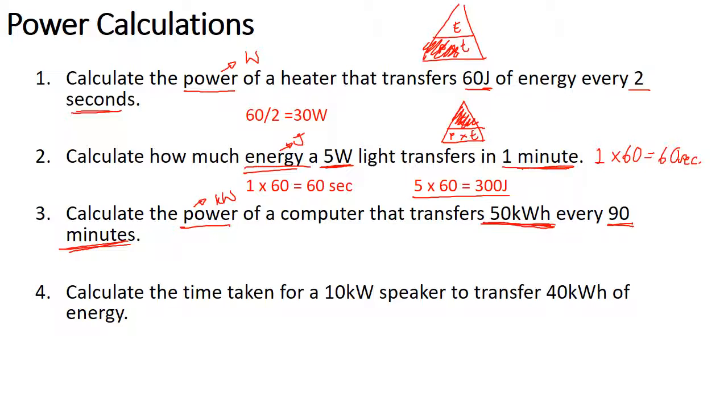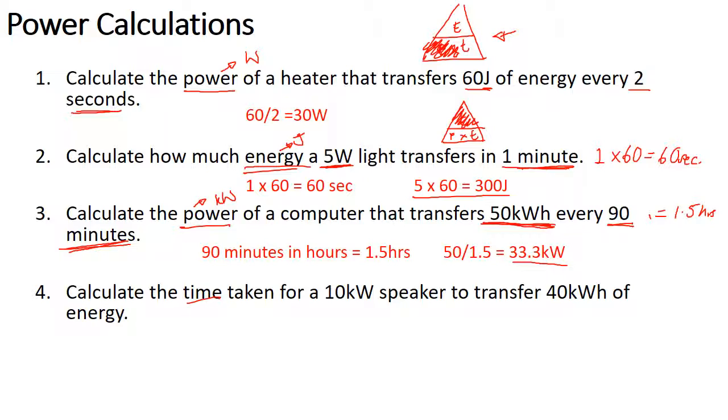That means I've got an hour and a half, which written in hours would be 1.5 hours. I'm being asked to calculate power. If we look at this top triangle, I've covered over power and I need to do my energy value divided by time. So I'm going to do 50 divided by 1.5, and I end up with 33.3 kilowatts. And that's my power value.